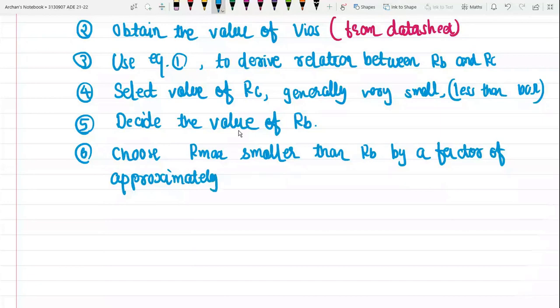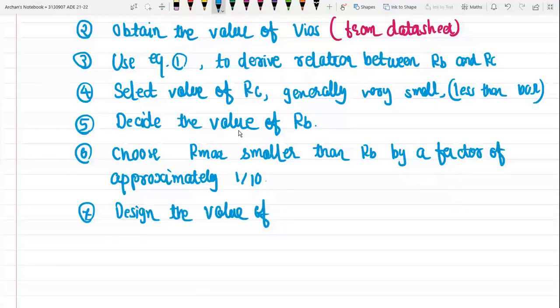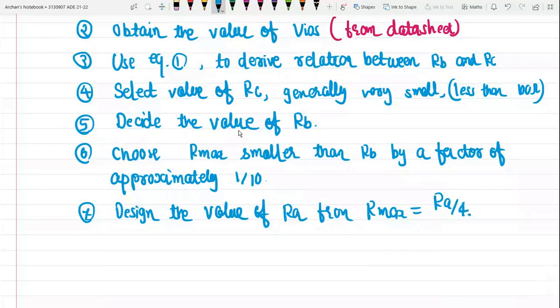And then, as a final step, we will design the value of RA from this equation of R max. R max is equal to RA by 4. So these are the design steps we need to follow, and this is how we will be able to design this kind of compensating network.